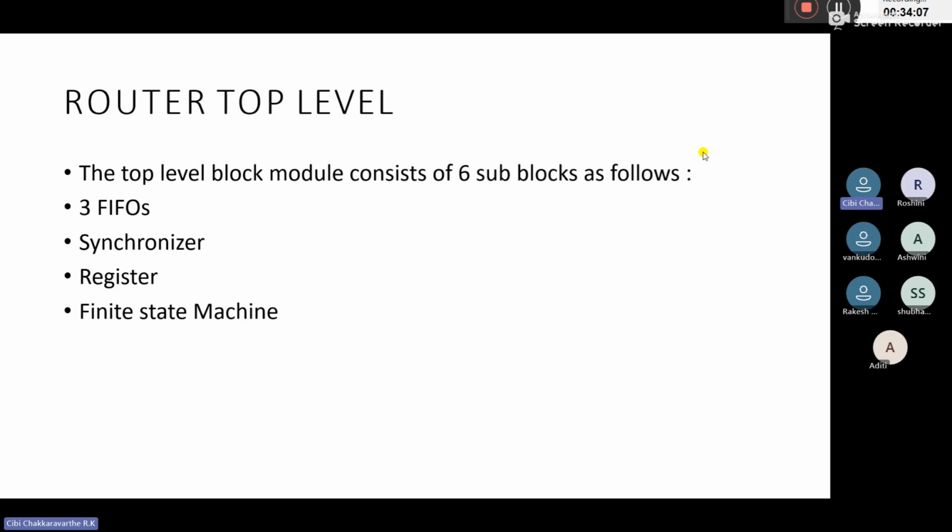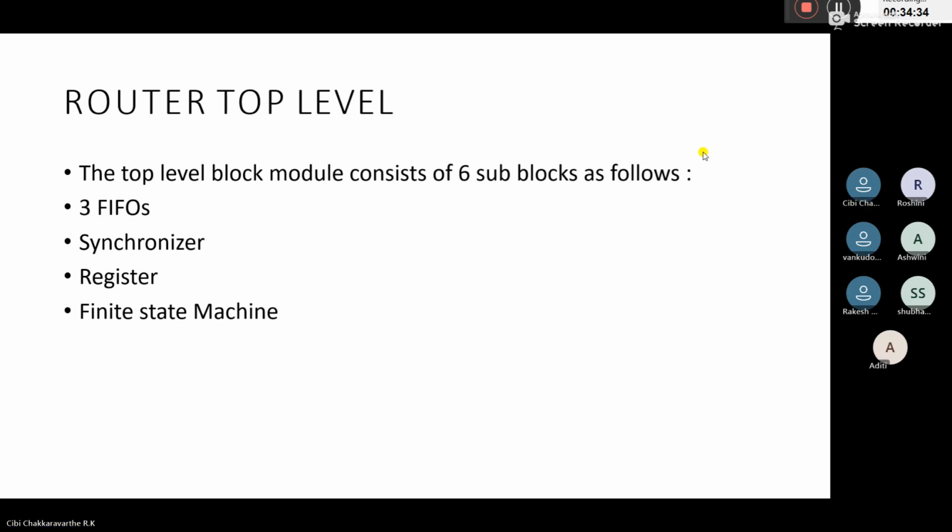The main thing is that both are temporary storage, but the characteristics differ. So no need to confuse, thinking that this is also storing and that is also storing, so we can use any one of them. Why are we using them separately? The answer is the characteristic differs. FIFO has its own process and register has its own process.